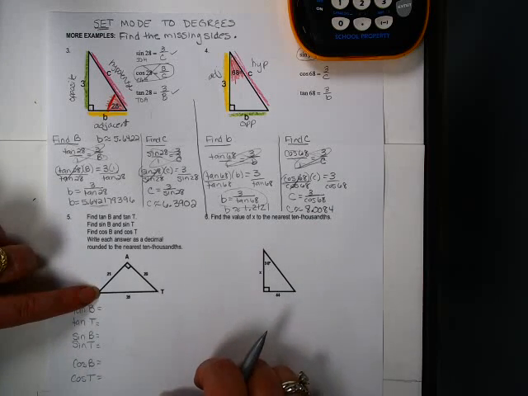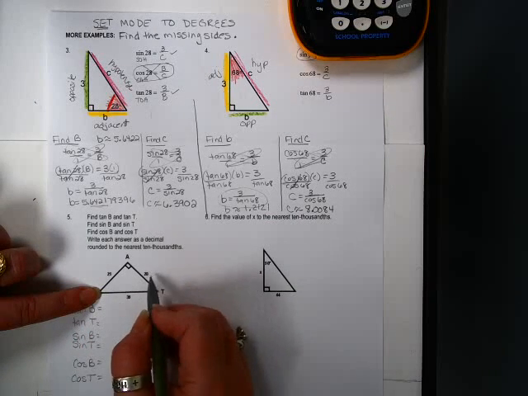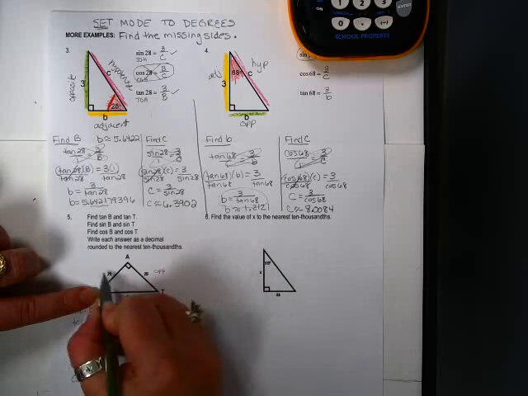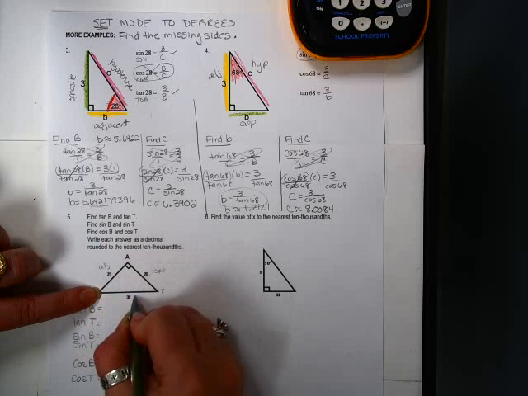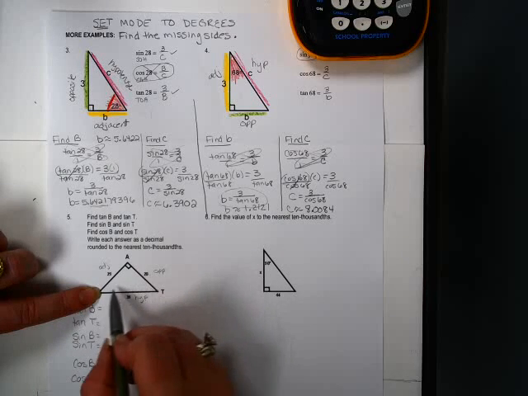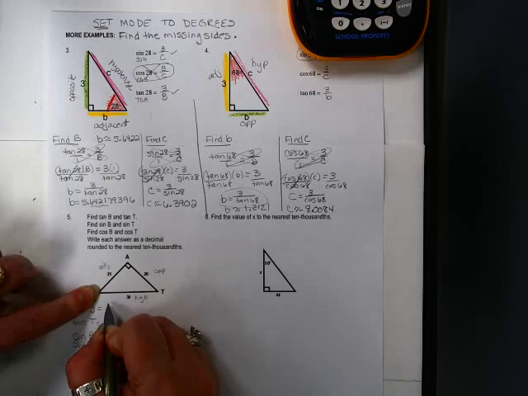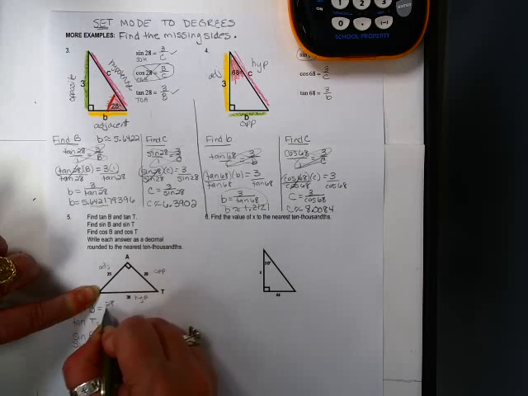So here's B, and when I'm talking about B, this is the opposite, this is the adjacent, this is the hypotenuse. Whenever I have a B, tangent is going to be opposite over adjacent, so that's going to be 28 over 21.